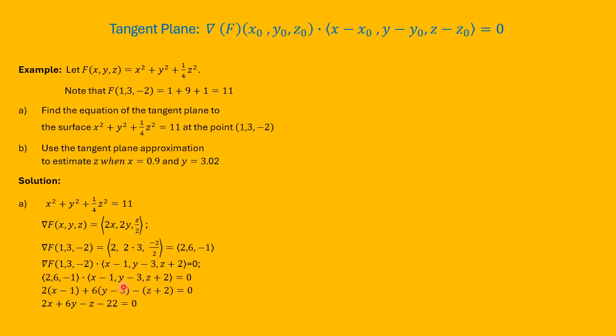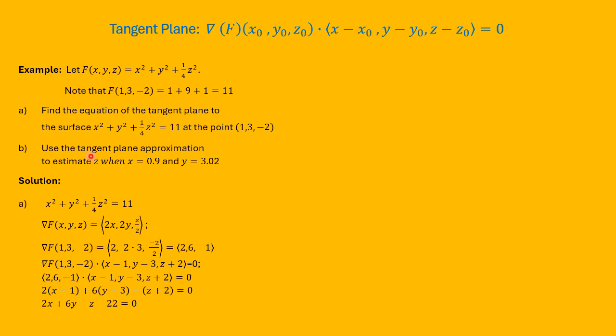Doing a little bit of algebra, we can simplify this to 2x plus 6y minus z minus 22 equals 0. So this is the solution to part A. This is the tangent plane to that surface at that point 1, 3, minus 2.